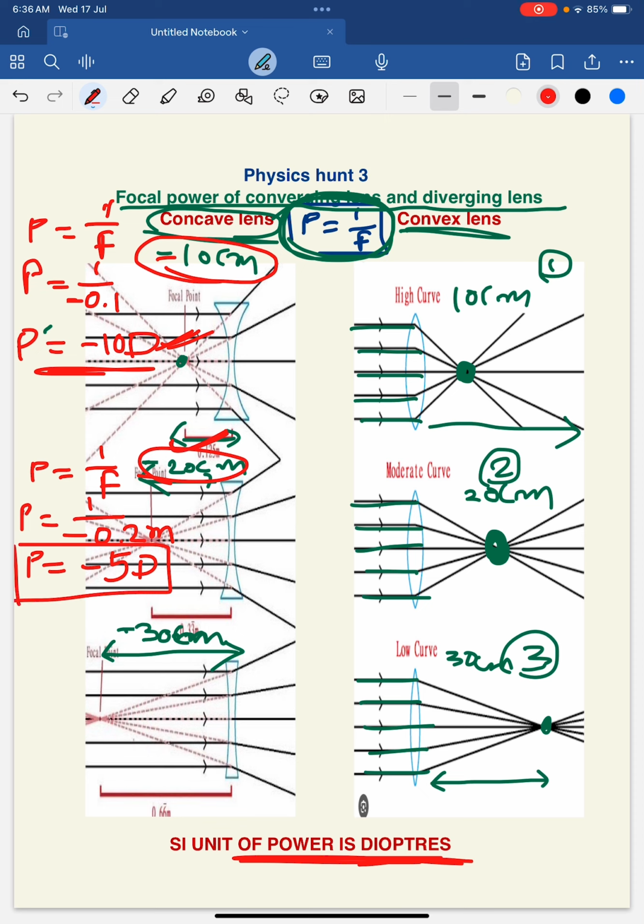Now coming to the third diagram. Again I am writing power is equal to the reciprocal of focal length. According to this diagram, the focal length value is minus 30 centimeter.